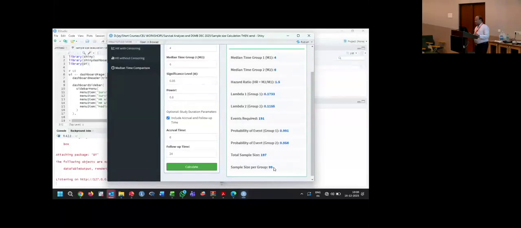Yesterday you heard about recurrent event analysis, the Andersen-Gill model and so on, where the number of events and the time period are important. Maybe in that domain you might be interested.